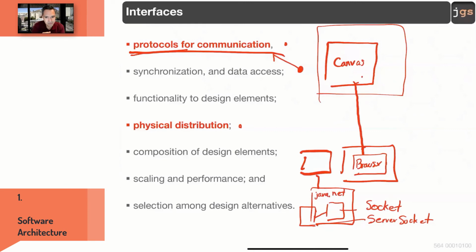Anyway, communication between networks, which implies physical distribution. We're talking now about software in which one part of the software is in one particular machine, you call it the server, and another part is going to be in a different machine, my laptop, maybe. It's not only that we're talking about bigger software systems, but we're talking also about different locations.